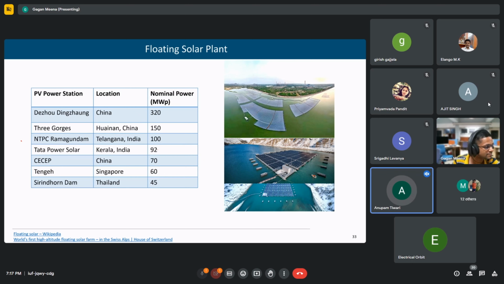So in India also, Ramagundam has a floating solar plant, wherever they have some water body. Even here, Tata Power Solar in Kerala also has a 92 megawatt plant. So this first picture is of the NTPC Ramagundam plant.